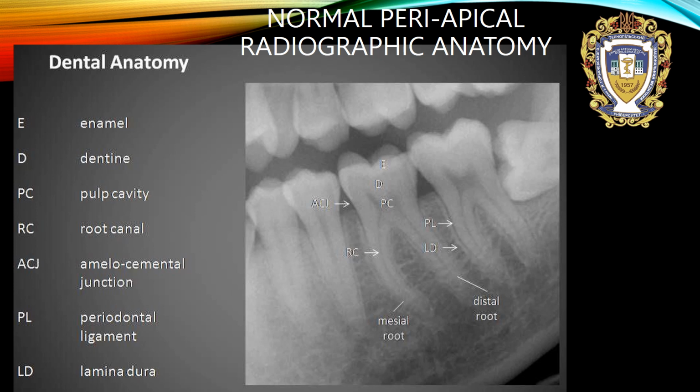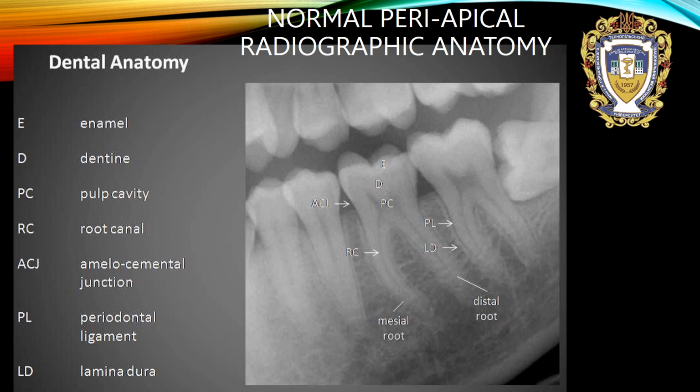Amelocemental junction. It is the area where enamel is connected with cementum. Amelocemental junction. Periodontal ligament. It is a small space between root and bone.